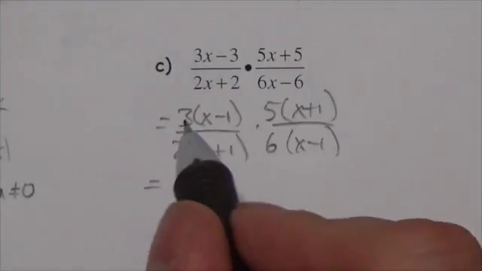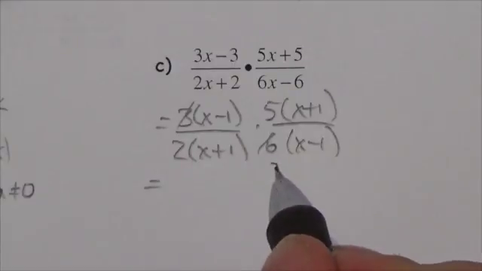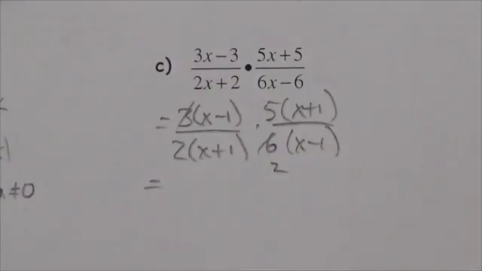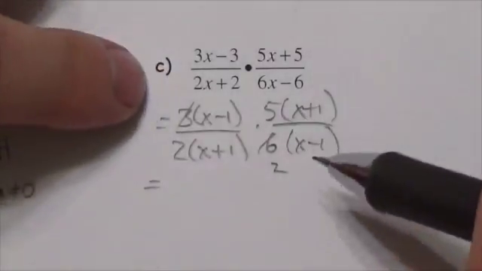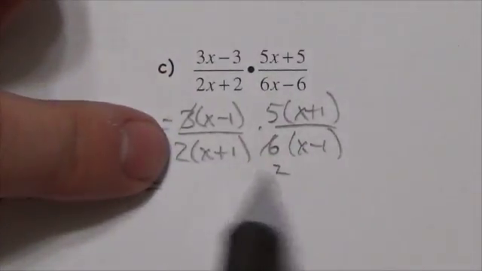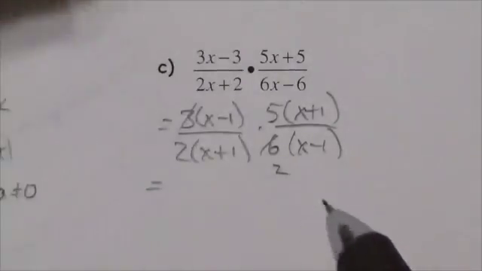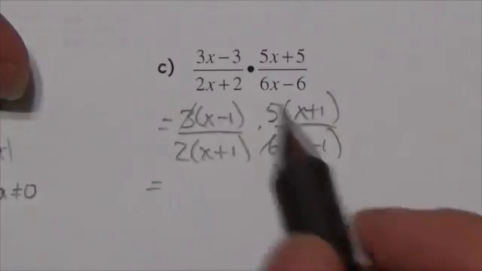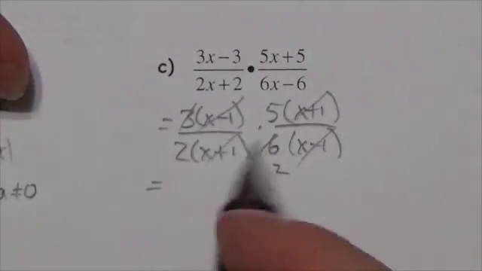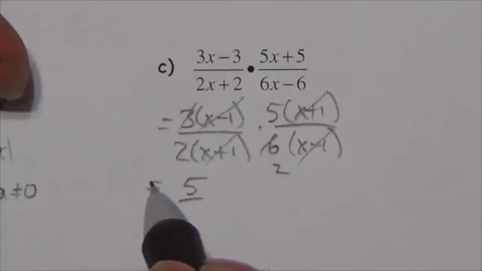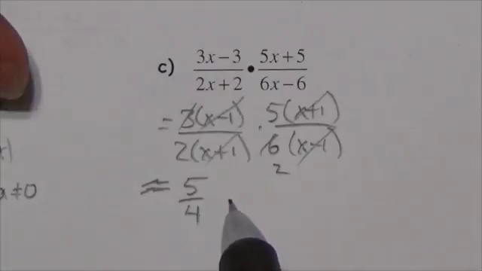Now remember, 3 and 6, there's a common factor there that's going to leave me with a 2 here. And then the 5 and the 2's, there's nothing for them to cancel with because the 5 is in the numerator all by itself. These two 2's won't cancel because they're both in the denominator. So instead of canceling and becoming a 1, they're going to multiply and I'm going to get a 4 down there. Now, x minus 1 over x minus 1 is 1. x plus 1 divided by x plus 1 is 1. And so what I'm left with here, and again this is only equivalent, is 5 over 4.